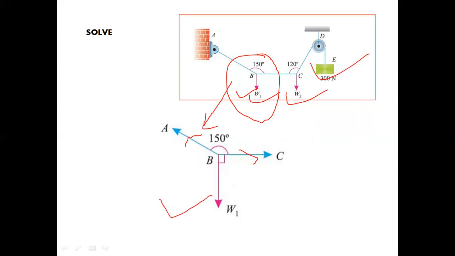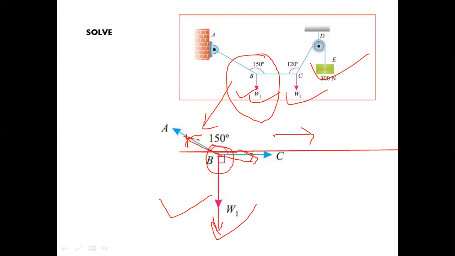Now here three tensions are acting about point B. At point B, tension AB acts in this direction, tension BC acts in this direction, and load W acts downwards.